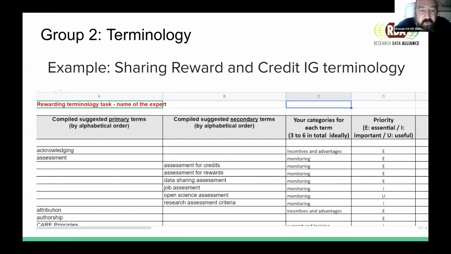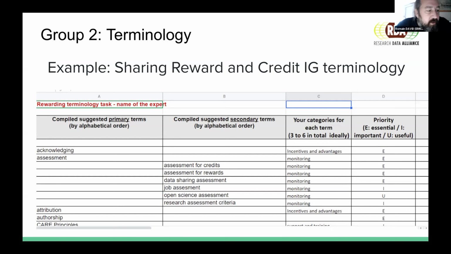For instance, here you have assessment, and in secondary terms, assessment for credit, assessment for rewards, data sharing assessment, job assessment, open science assessment, etc. And after, we create categories, 3 to 6, and we put a level of importance: essential, important, and useful. And it's ongoing work.